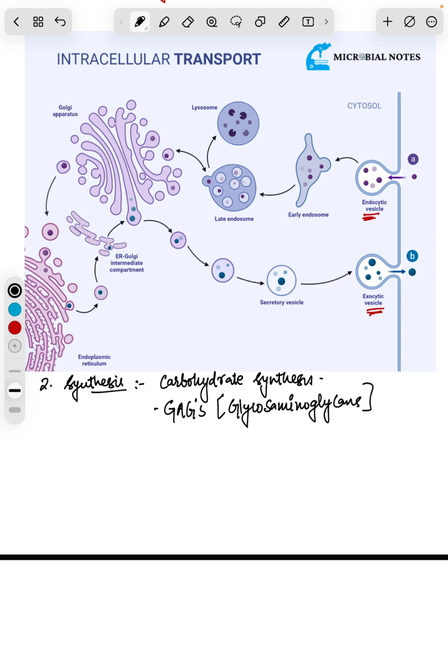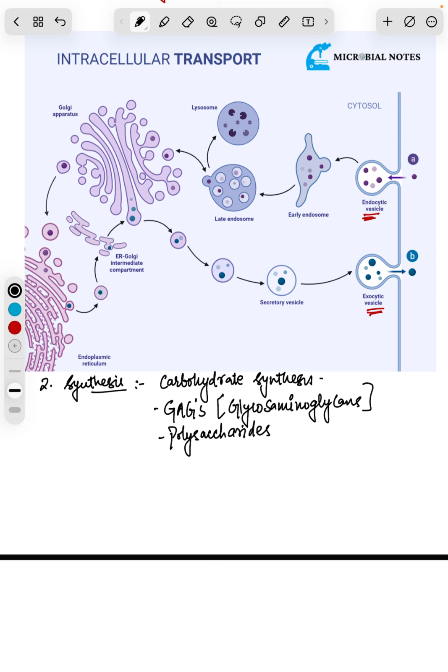Long unbranched polysaccharides are also synthesized in the Golgi complex, which the Golgi then attaches to a protein synthesized in the ER to form proteoglycans.